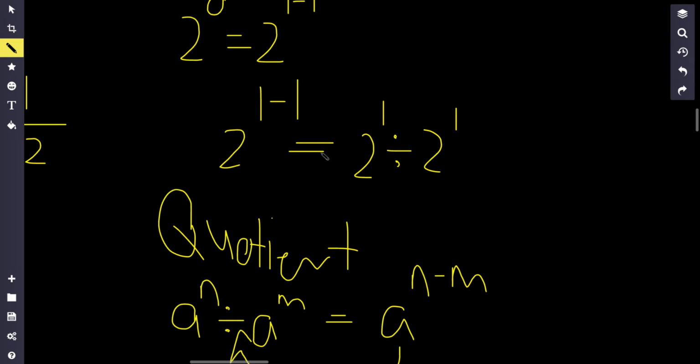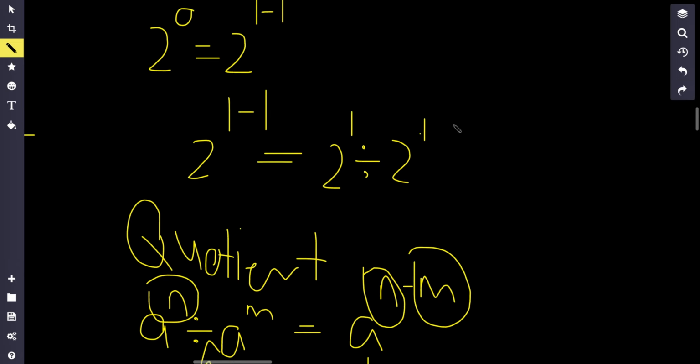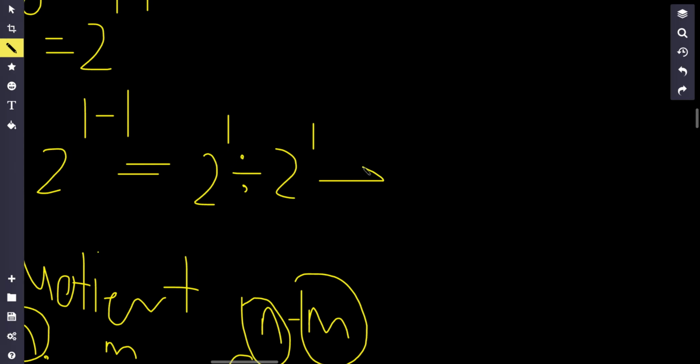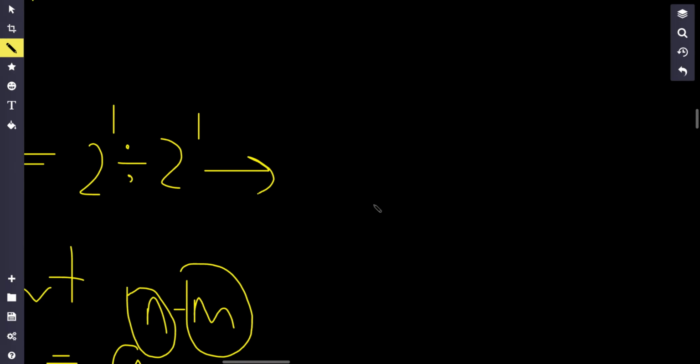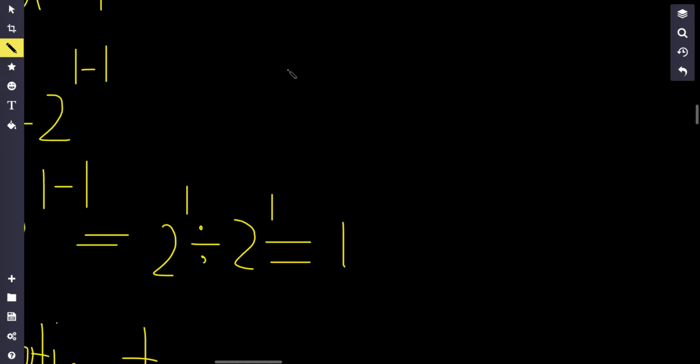So this is going to be equal to 2 to the first power divided by 2 to the other exponent, in this case 2 to the first power. And anything divided by itself is equal to 1. This is going to be equal to 1. If we have 2 divided by 2, that's equal to 1.